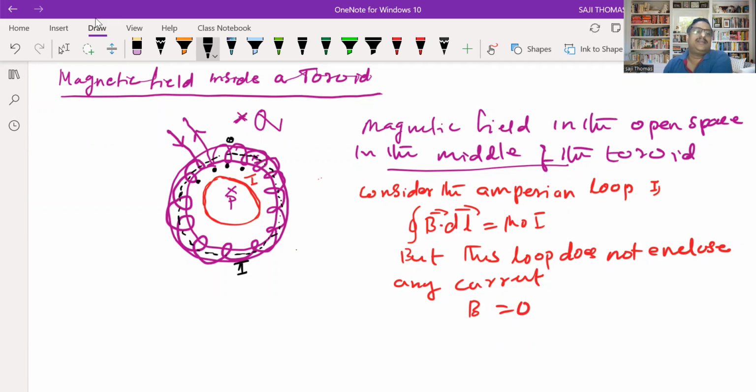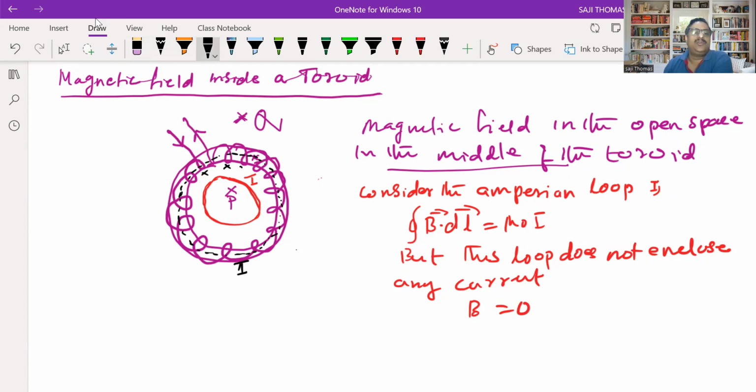According to the diagram, consider the lower portion of each turn. The current is moving into the plane of the paper. So that is represented by a cross mark like this.